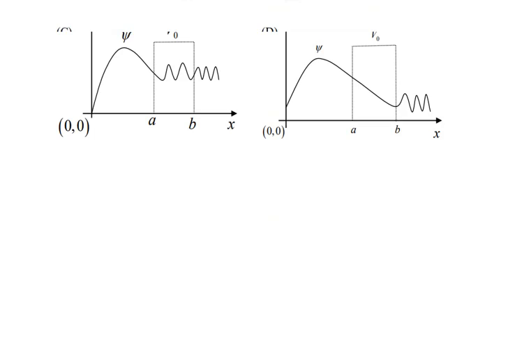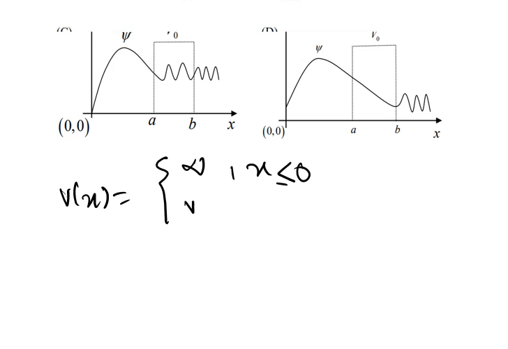So here the potential is given as V(x). It is V(x) equal to infinity for x less than or equal to 0, equal to V0 for x in between a and b, and 0 elsewhere.